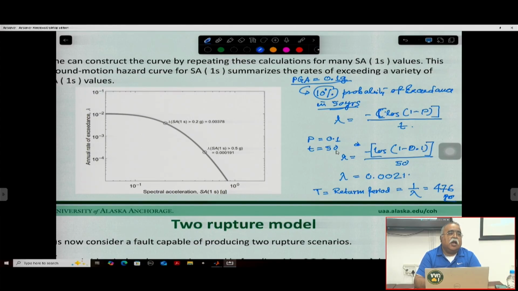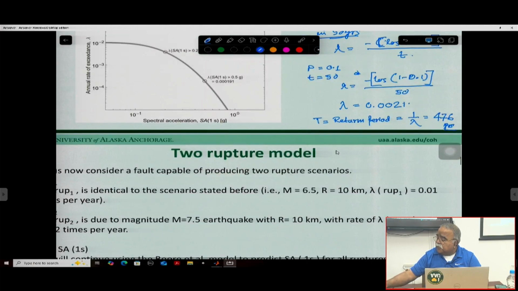For some very critical structures, such as hospitals and school buildings, we always prepare the probabilistic seismic hazard with a 2% probability of exceedance in 50 years.